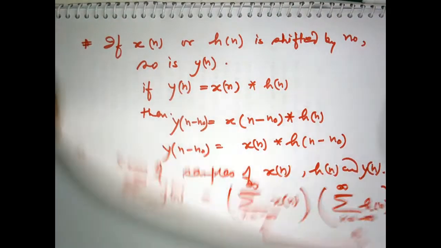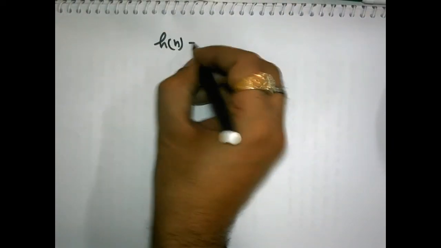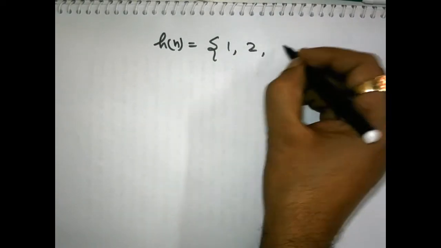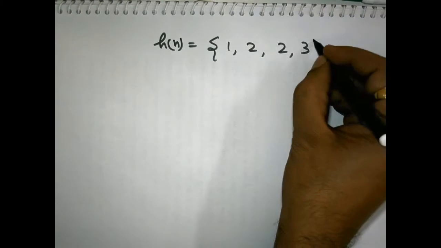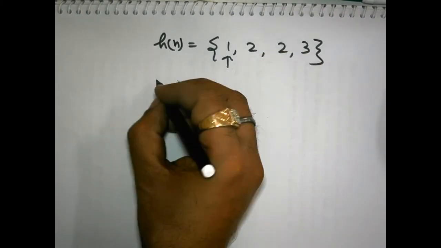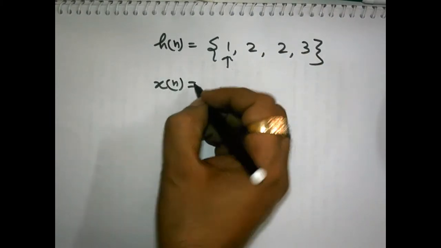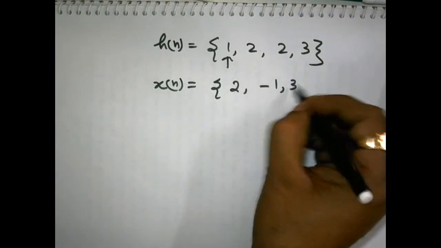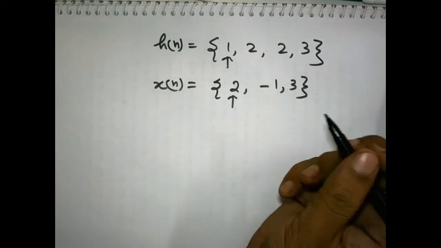Just to make it clearer, I will take an example. Suppose we have a system having impulse response 1, 2, 2, 3, and the input is 2, -1 and 3, having origin at 2.